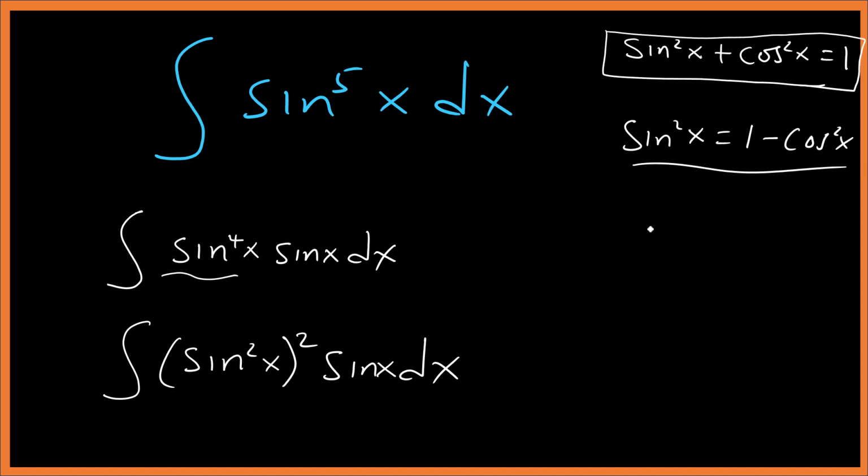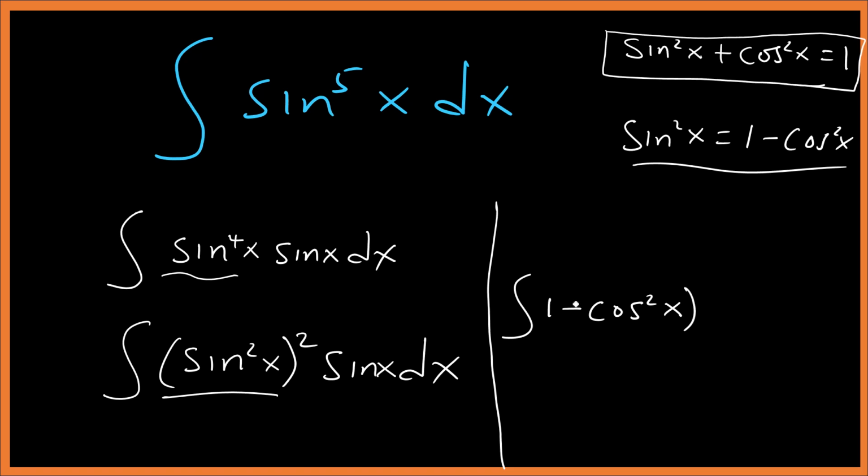So I want to do substitution here. So we have the integral of, instead of sine squared x, I'll put 1 minus cos squared x, all squared, times sine x dx. That's very beautiful. Now from here we can proceed with our substitution.